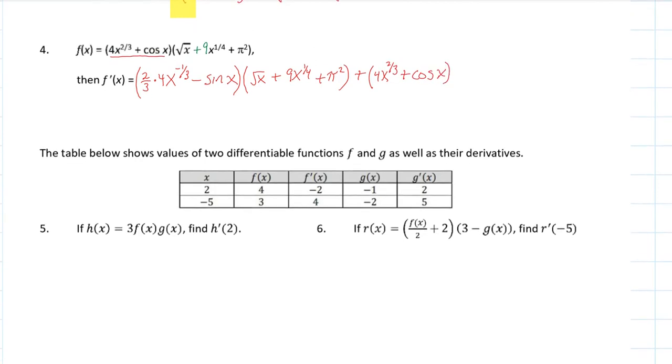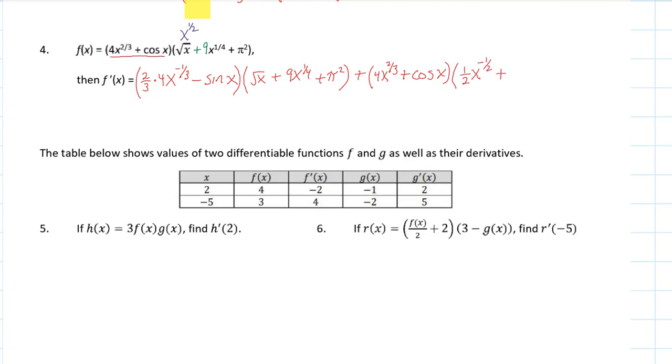And so in order to do that second one, I'm going to come up here and I'm going to change my square root of x to x to the 1/2. So let's continue. The derivative of x to the 1/2 is 1/2 times x. Subtract 1 from the exponent. That leaves me negative 1/2.